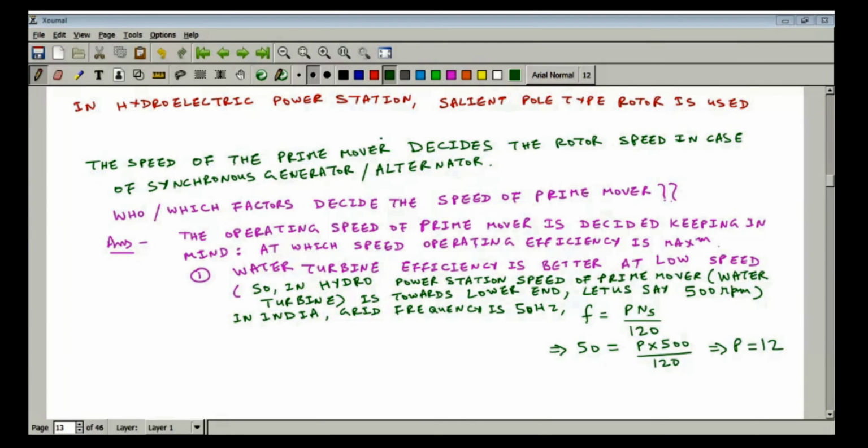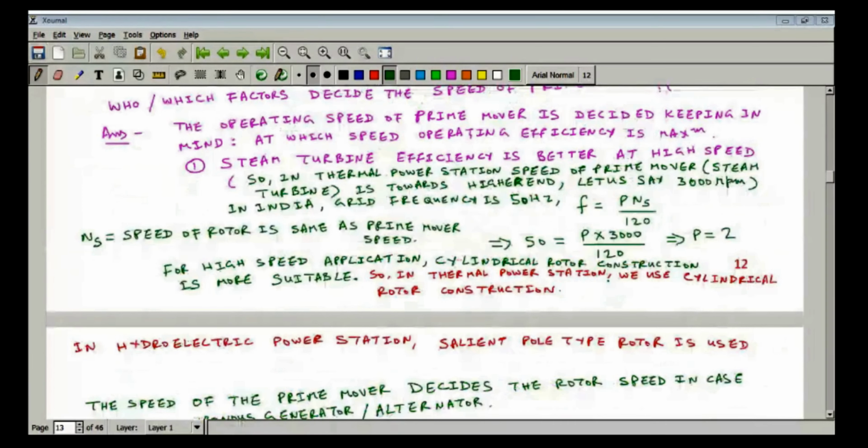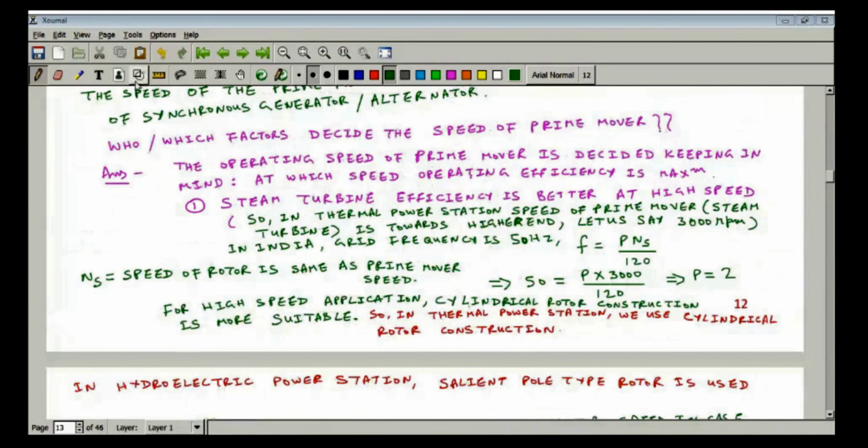Now we can understand that for accommodating 12 poles, we have to go for salient pole construction. Now let me add this portion also. Ns is the speed of the prime mover.